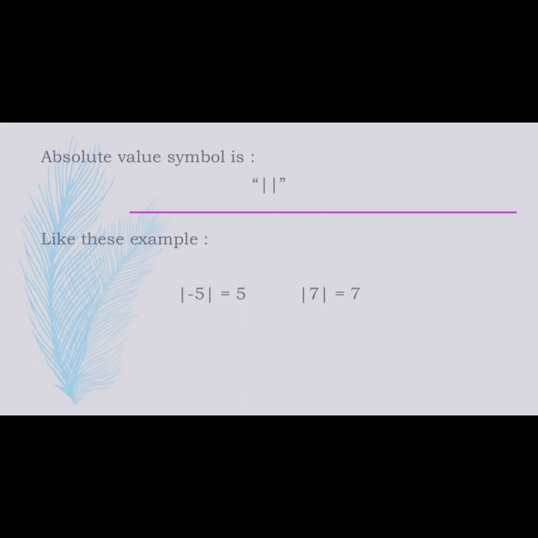Another example is the absolute value of -5 equals 5 and the absolute value of 7 equals 7. So in practice, absolute value means to remove any negative signs on numbers and to think that all numbers are positive or zero.